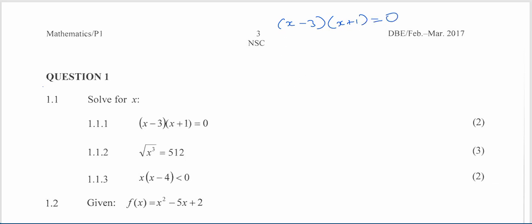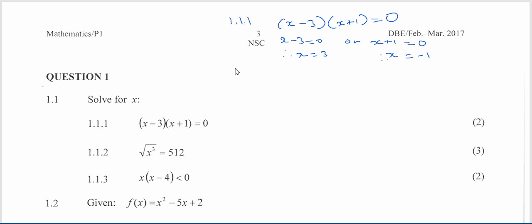This is the same as x minus 3 equals 0, or x plus 1 equals 0. So therefore our x is going to be positive 3, also x being negative 1. So that is our 1.1.1.